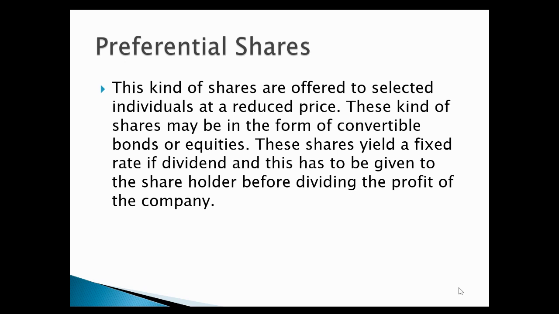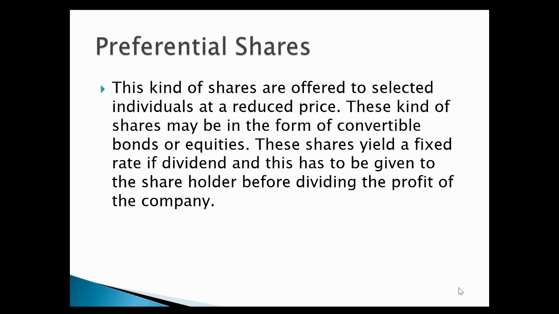And the third method is QIP, which is qualified institutional placement, where the shares of one company are bought by qualified institutions. Those institutions can be banks, or UTI, Life Insurance Corporation of India, etc. Okay, these are not intermediaries, but these are the institutions which purchase the shares of the company.